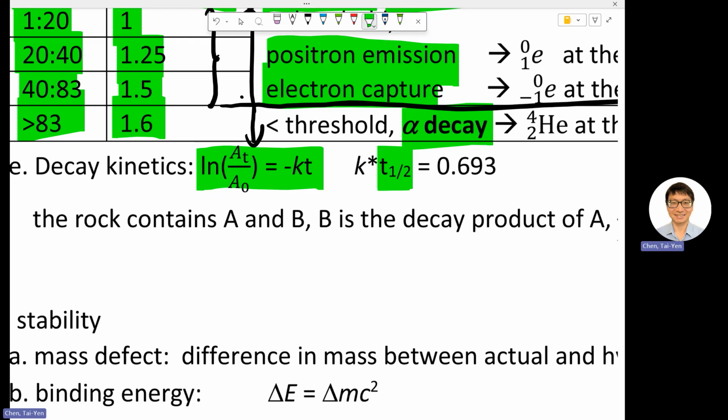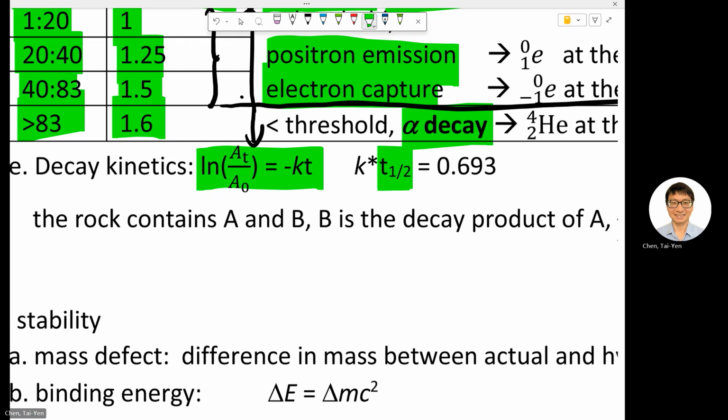In that calculation, you always need your rate constant k, but it's not going to tell you the k. It's going to tell you the t half. So how do you get k from t half? Using k times t half equals 0.693. How is this generated? It's actually very simple.